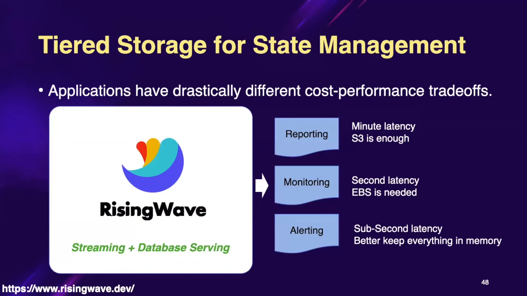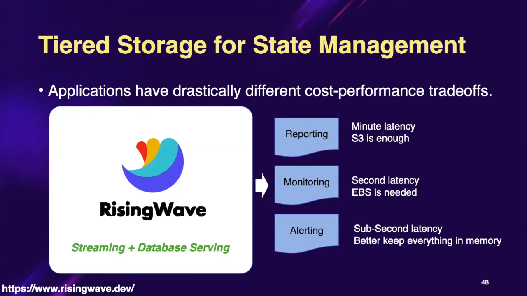Another good thing about tiered storage is that we can tune this trade-off between cost and performance, right? So for example, if it's a reporting application, most of the time minutes-level latency is enough, right? So we can just use more of S3 instead of the local memory and the EBS.